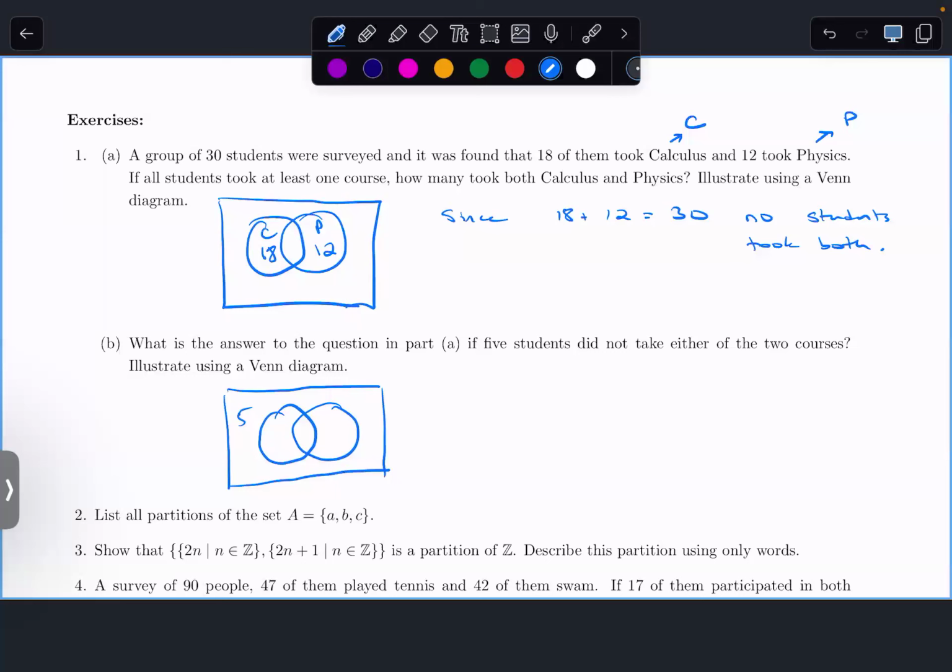But now, because the total has to be 30, then there must be an overlap of 5, making 13 here, and 7 there. I'll just confirm 5 plus 13 plus 5 plus 7 does equal 30. So we're good.